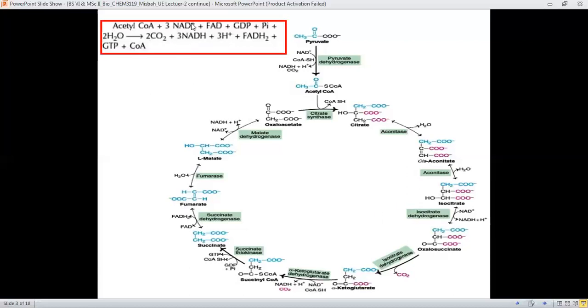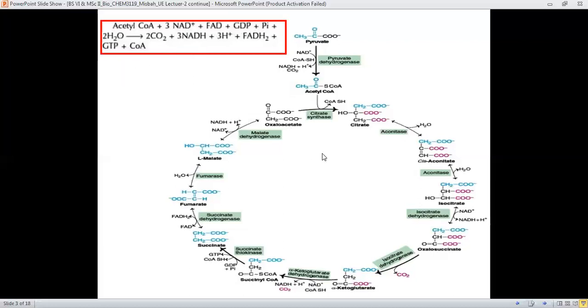And when we do the count of all the intermediates and the auxiliary molecules which provide assistance, like NAD and FAD, then we arrive at the point that acetyl CoA, which enters the cycle, uses three NADs, like NAD 1, 2, and 3, three NADs and one FAD, and GDP and an inorganic phosphate group.